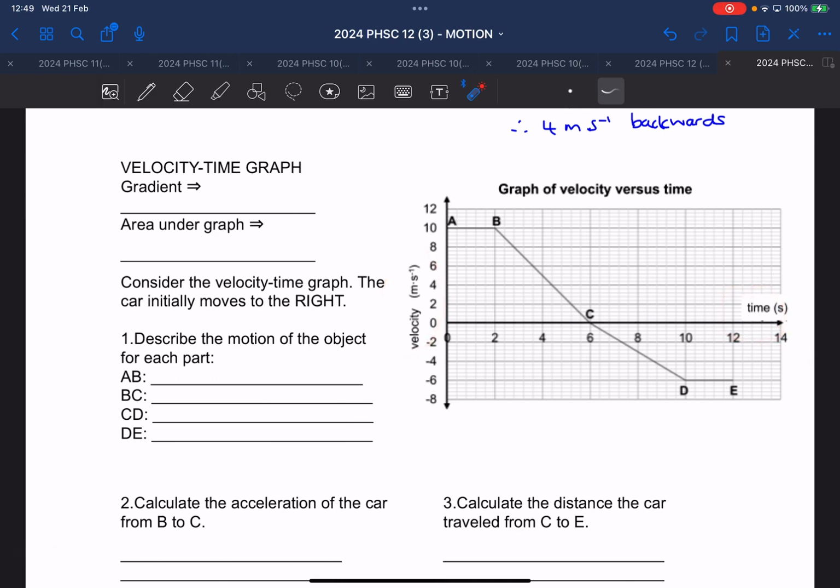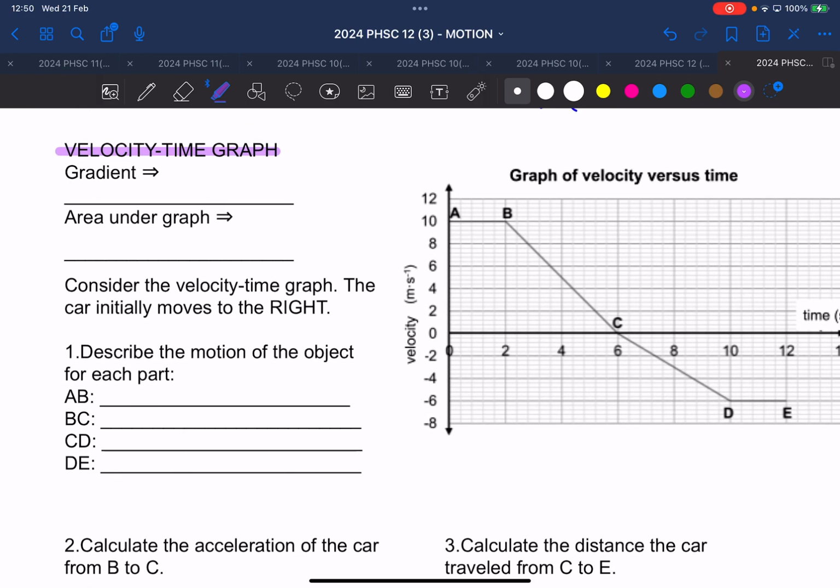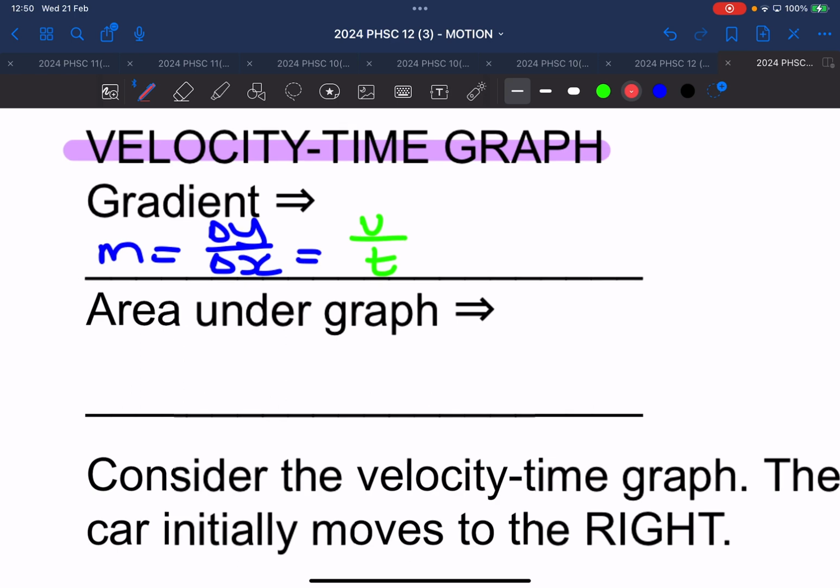Alright, next one. When we are busy with a velocity time graph, the first thing you always ask yourself, what is the gradient? So gradient is the change in y over the change in x. For this graph specifically, what's on my y-axis is velocity and on my x-axis is time. Velocity is measured in meters per second.